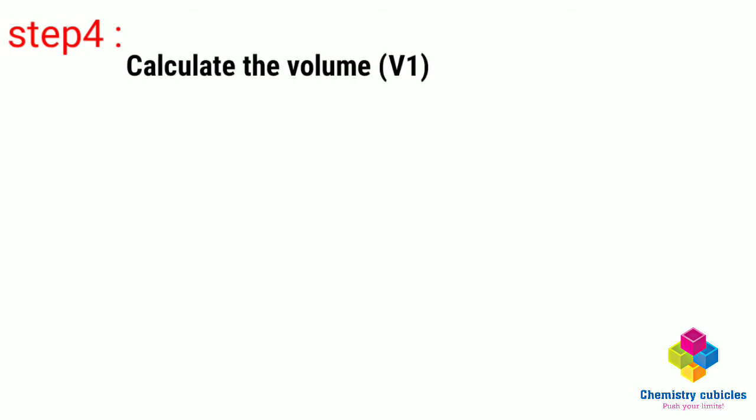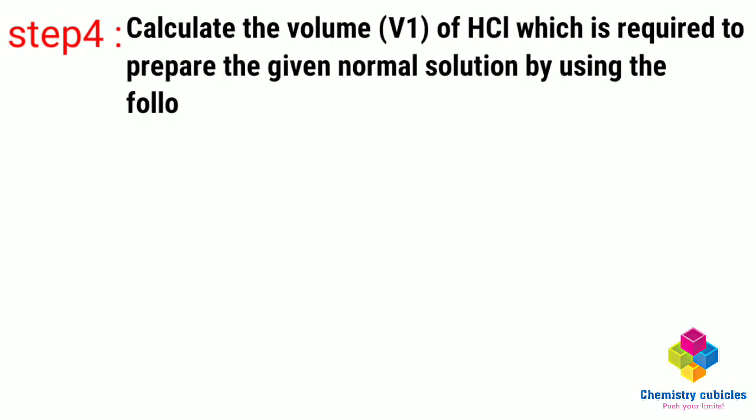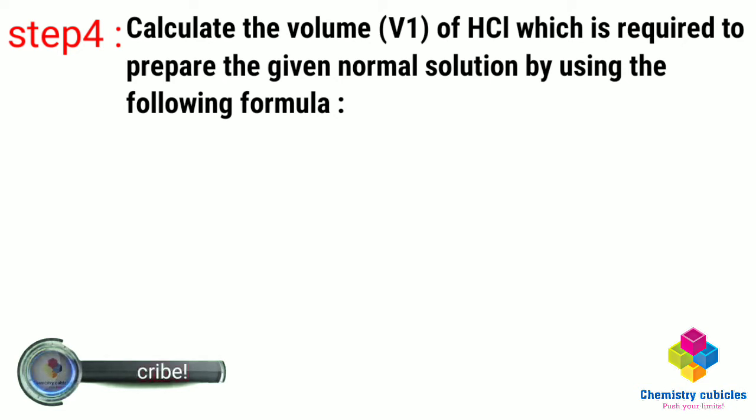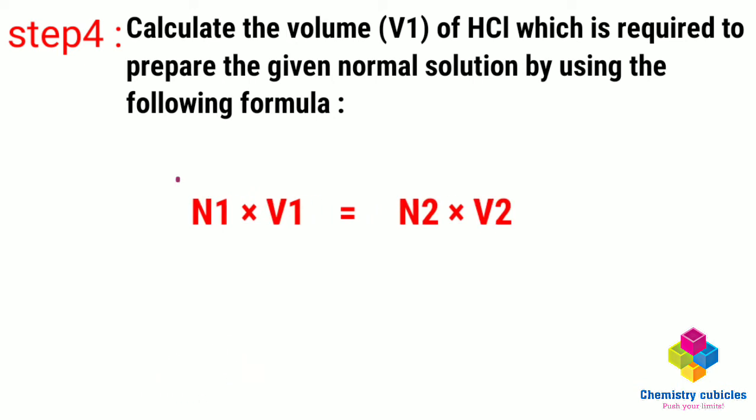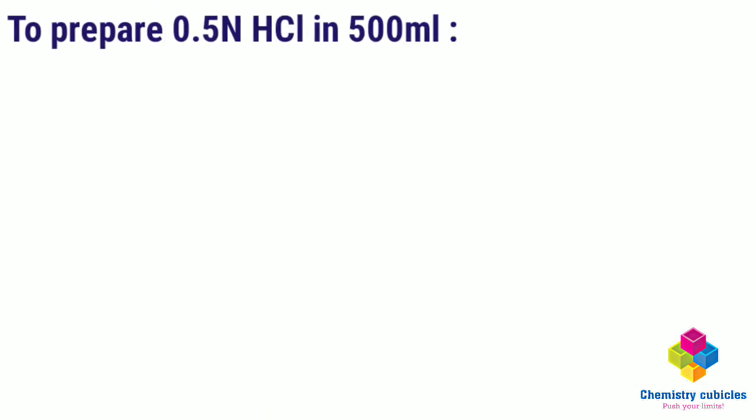Now, in the last step, we have to find out the volume of HCl which is required to prepare the desired normal solution of HCl by using the formula N1V1 is equal to N2V2. Let's suppose we have to make 0.5 normal HCl in 500 ml of water.